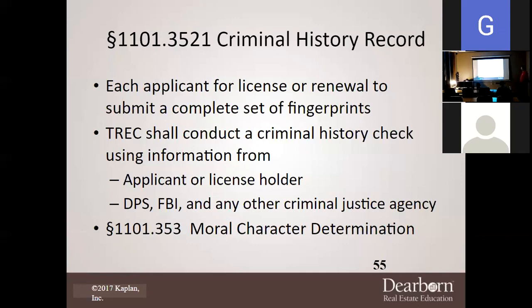Now, I will tell you, for those of you that are taking this class, if you have a criminal background, it does not automatically mean you're going to be knocked out, okay? I had a guy that was in jail for murder, served his time, got out, came to the school, took classes, and was put on a probationary license, okay?